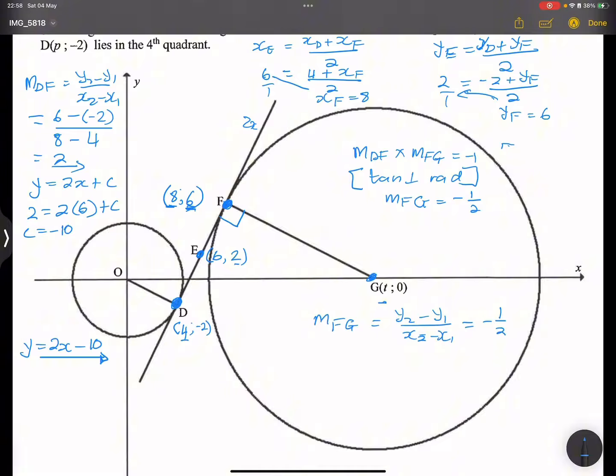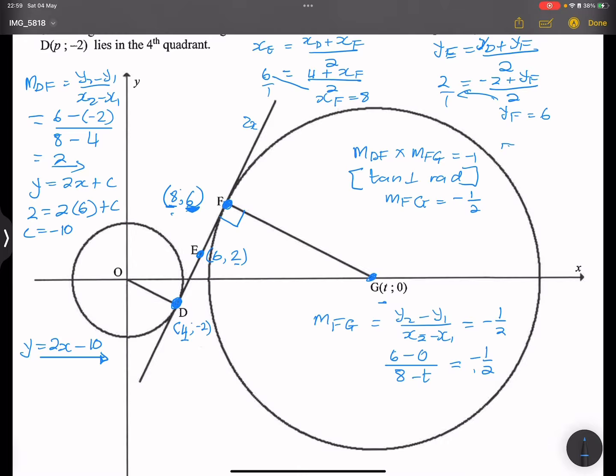So y2, that's 6 minus 0, divided by x2, that's 8 minus t, and this is equal to -1/2. All right, so let's cross multiply there.